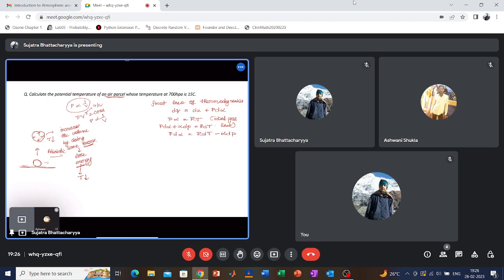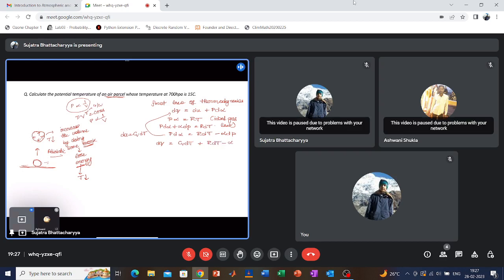Correct? Put that in this. What you get? dq is equal to, now this du is nothing but Cv dT. This is also known to us. So it will be Cv dT plus R dT minus alpha dP.